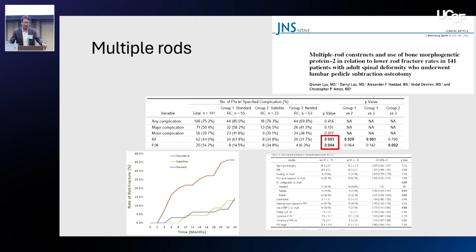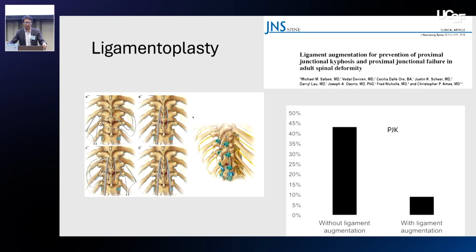Some of the data behind these techniques: Chris has written about multi-rod constructs and decreases in revisions and PJK to a very highly significant level, and we really have moved towards these multi-rod constructs for all our deformity. Mike talked about this earlier. He's really the leading edge of a lot of this research, ligament augmentation to prevent PJK and PJF.